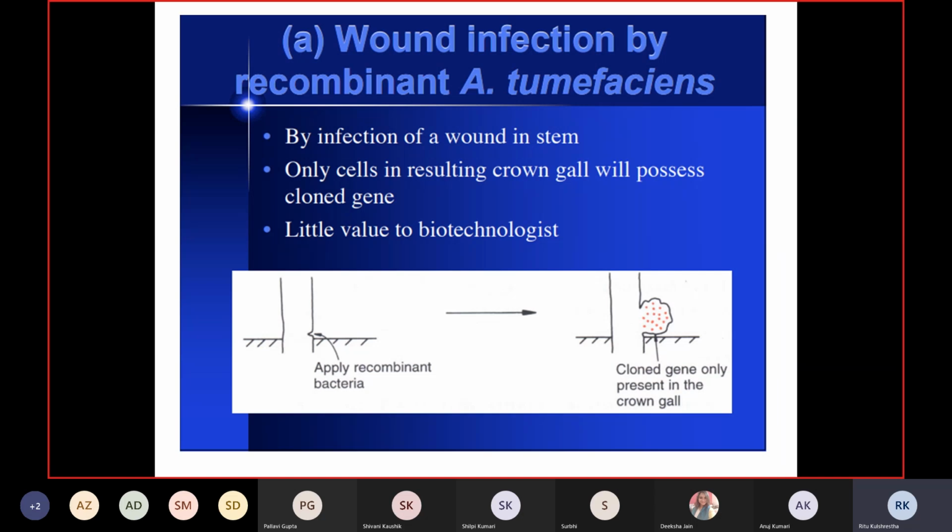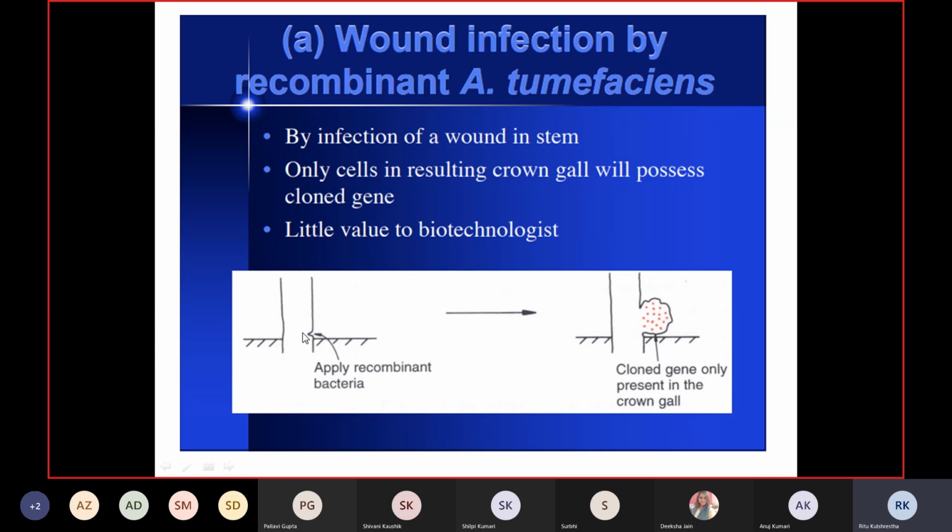So how do you make a transgenic plant is the basic question. Let's say that I make my Agrobacterium strain and introduce my gene of interest in the Ti plasmid there. Let's say I want to make a transgenic plant. I make a cut here and I incubate my Agrobacterium here.